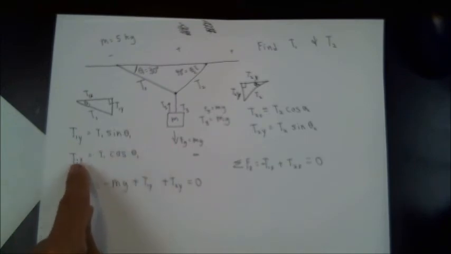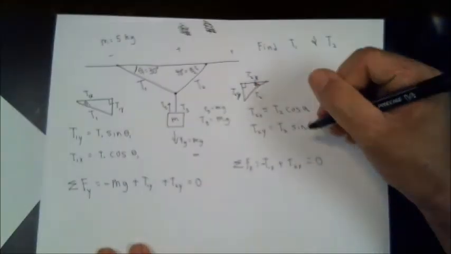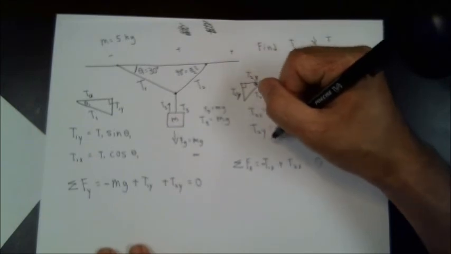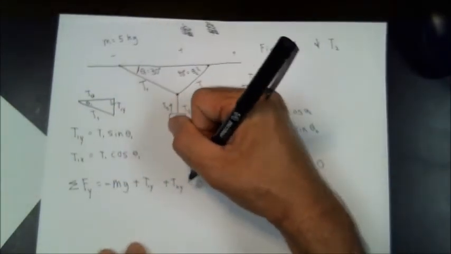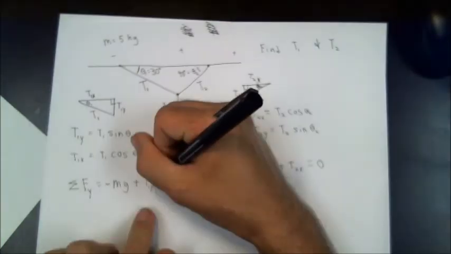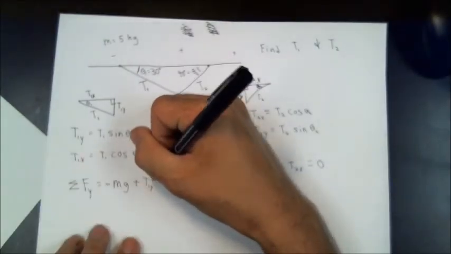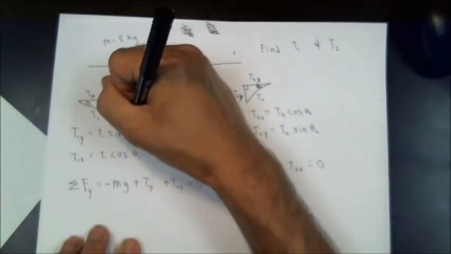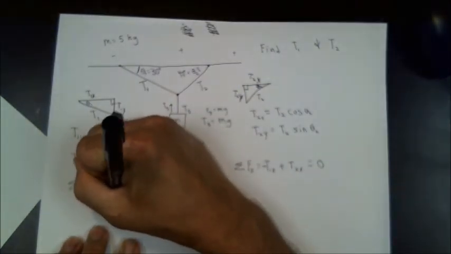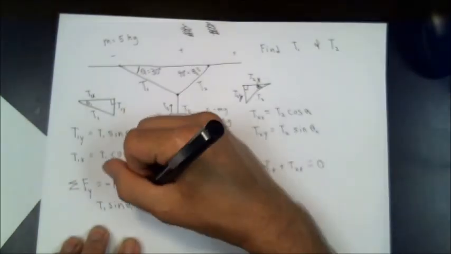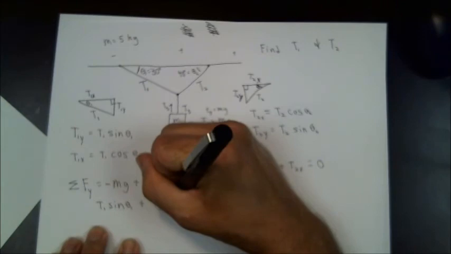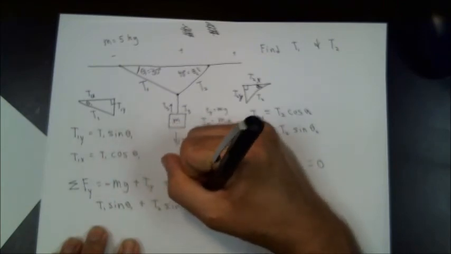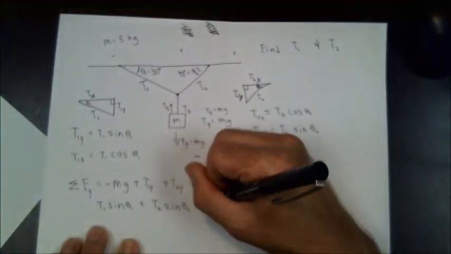I'm going to start putting in these where I have T1x and T1y, and these where I have T2x and T2y. So now I'm going to move this mg over to this side because that's where I'm going to need it. For T1 in the y direction, that's T1 sine theta 1, plus T2 in the y direction, that's T2 sine theta 2, equals, I add mg over to this side, mg.